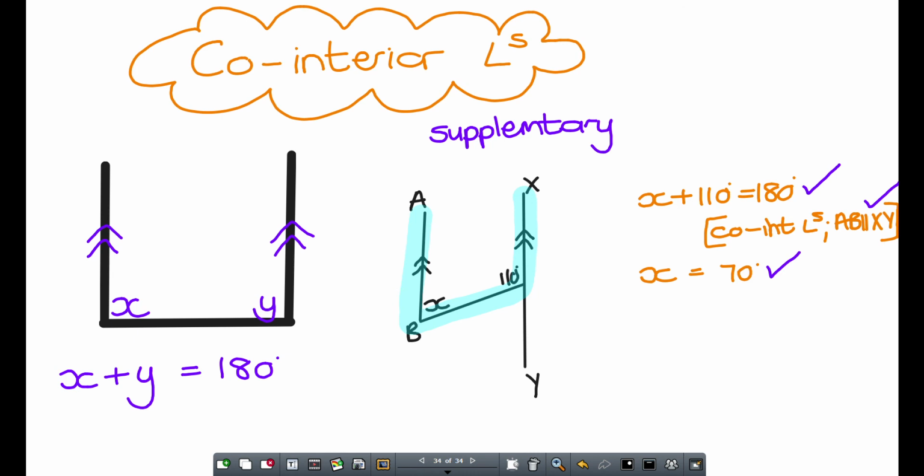Can I do another example? Okay. Supplementary. Whoa, sorry. Supplementary.